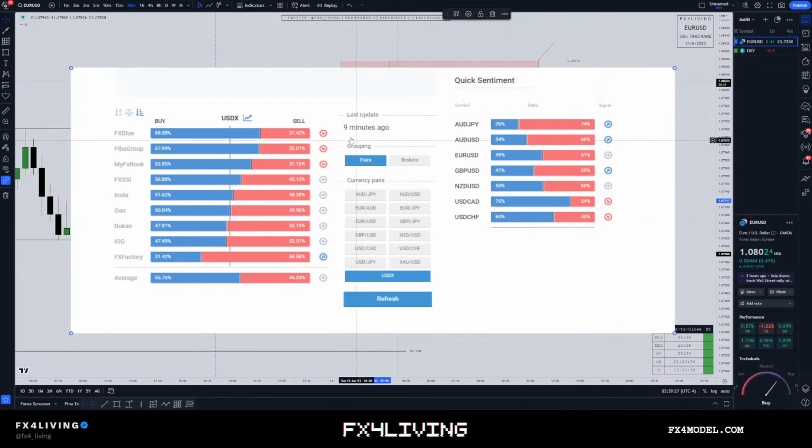It's not like every 60 seconds or whatever. But that's DXY, USDX, right? So as you can see on FX Blue, you have 68% buy, Fibo Group 67% buy, 62% buy. That gives you almost a 50-50.